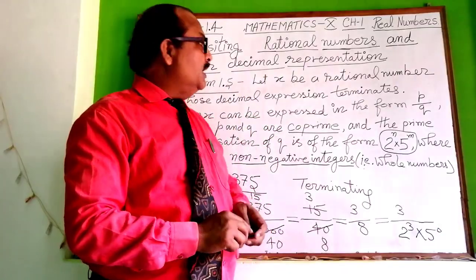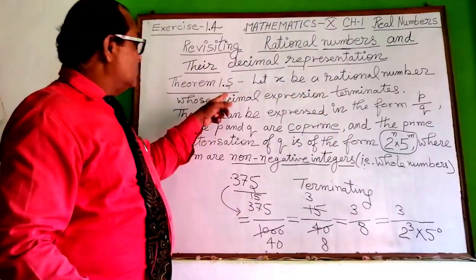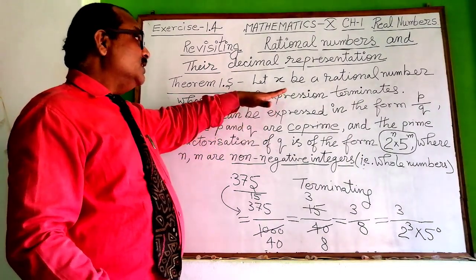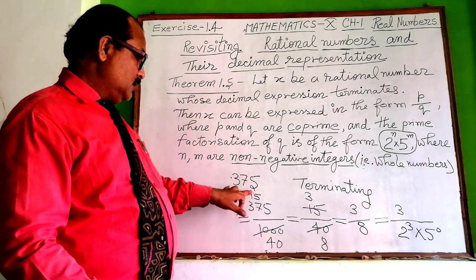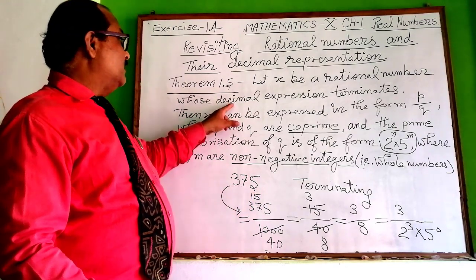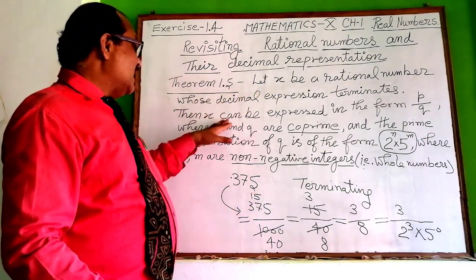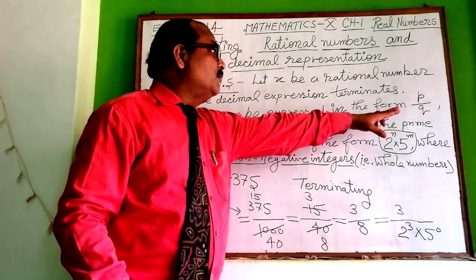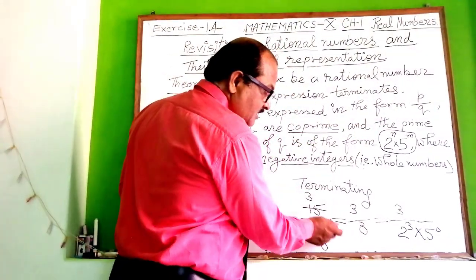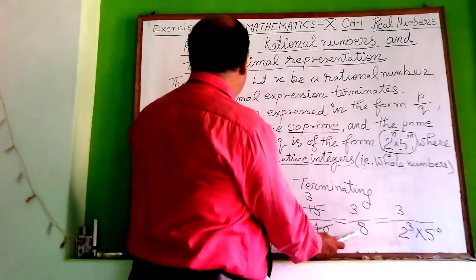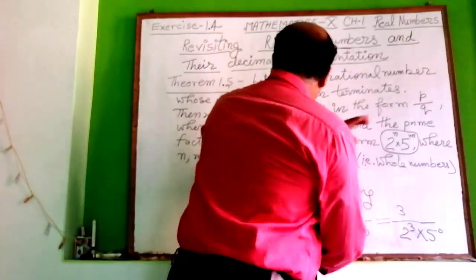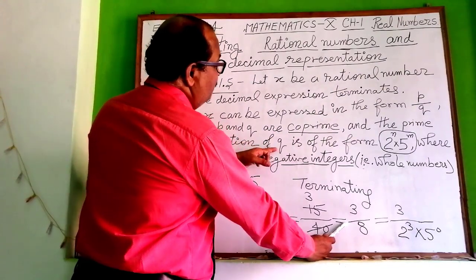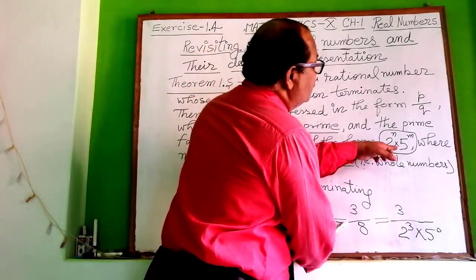Now you can see about this theorem. This theorem is saying first, if you know the number is terminating, then x can be expressed in the form of p upon q, where p and q are co-prime, and then the prime factorization of q is of this form.